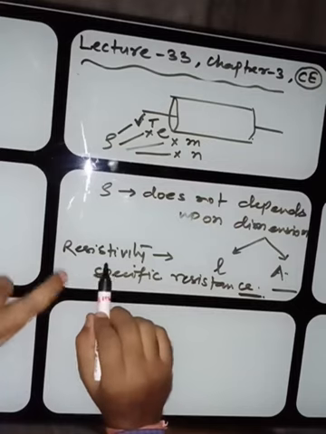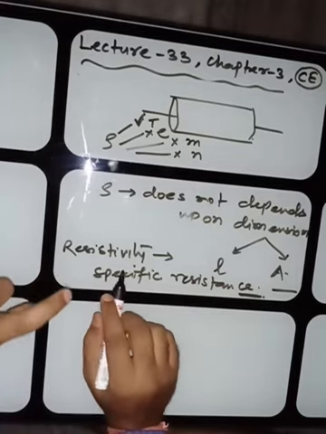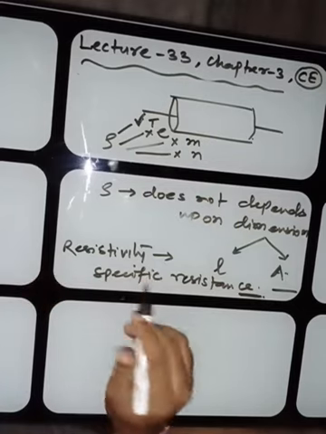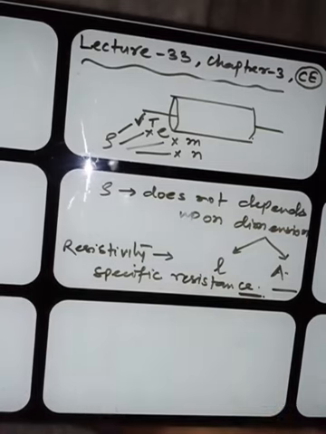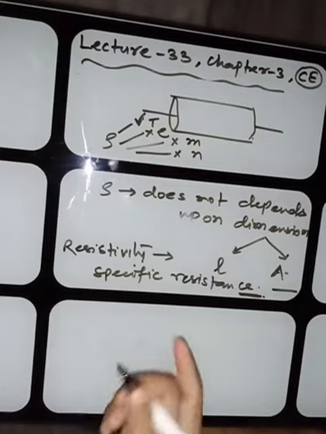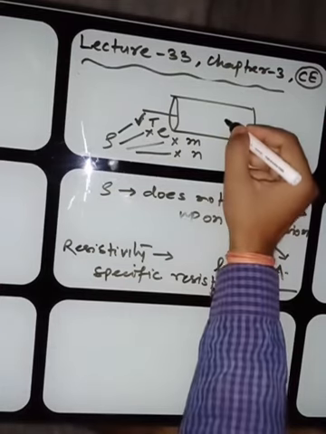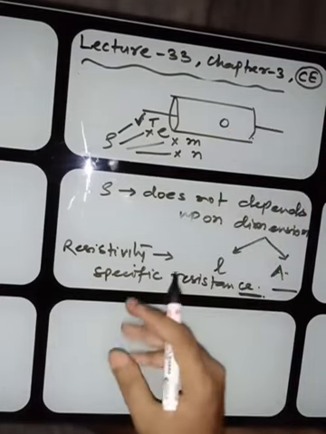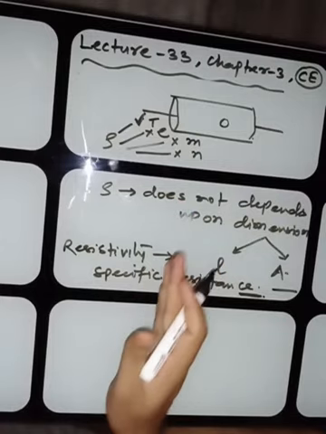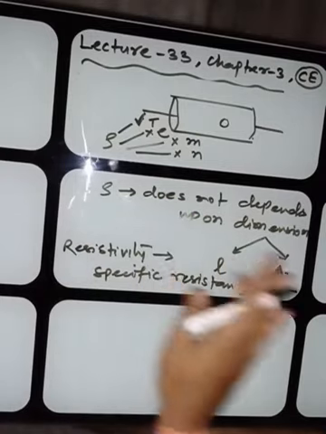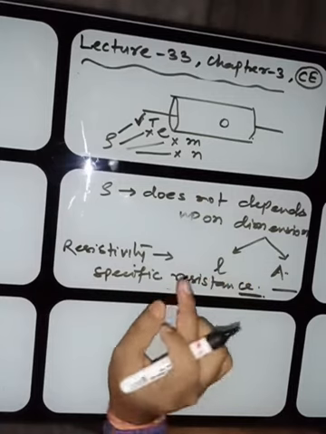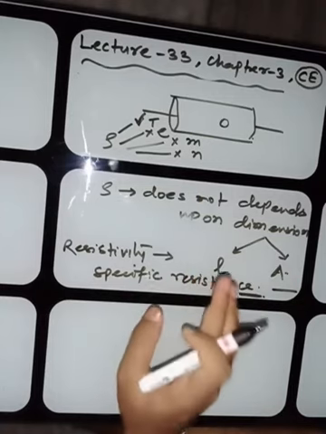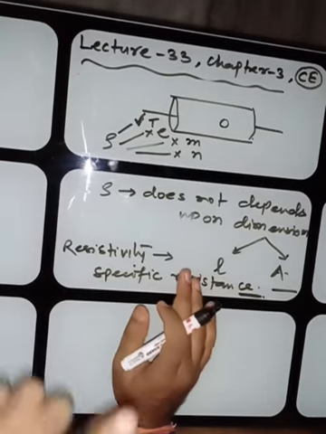Resistivity is nothing but the resistance of an elemental part of the conductor, that is, the smallest part. If you cut the conductor to the smallest part, the resistance of that smallest part is considered as the resistivity.